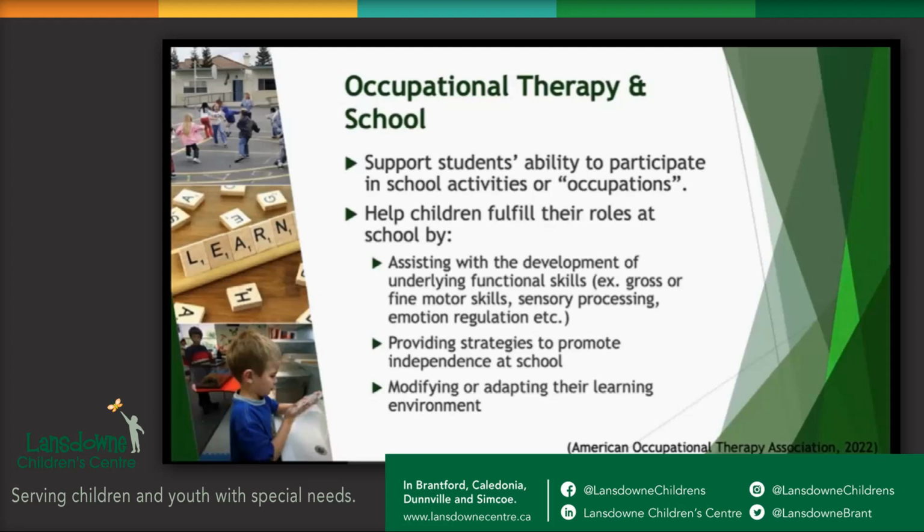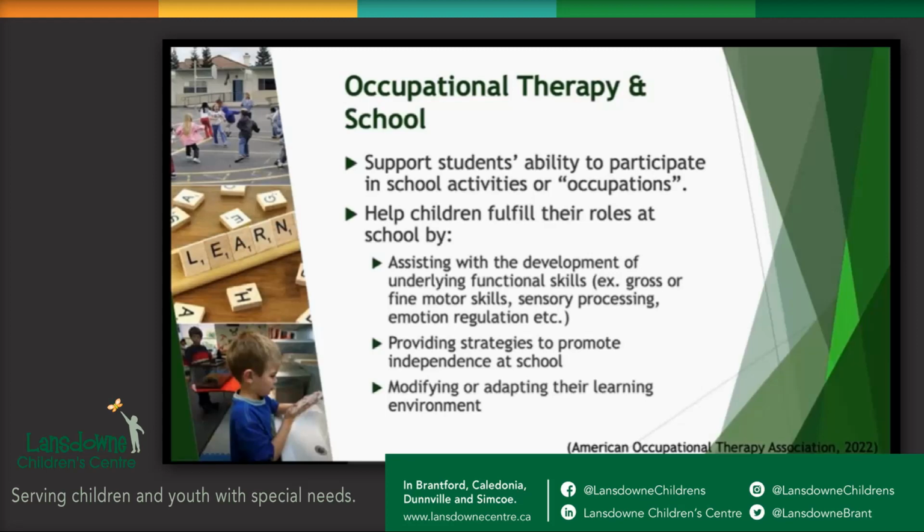So where specifically do we help these children with their skills? Well, we look at children's ability to perform fine motor tasks, which is so much of their kindergarten development. We look at their sensory processing, their emotional regulation, and we help provide strategies to promote independence at school, and we also modify or adapt their learning environment.